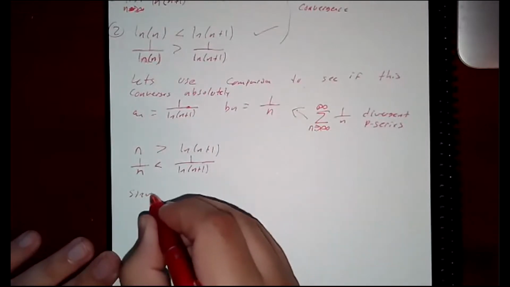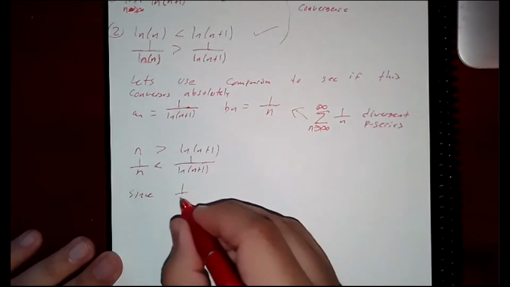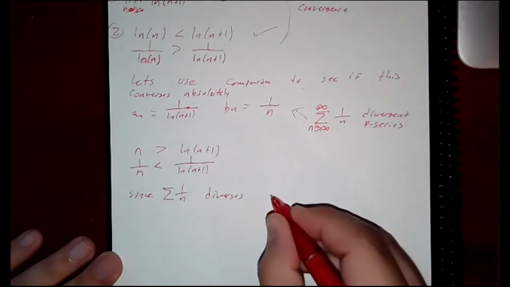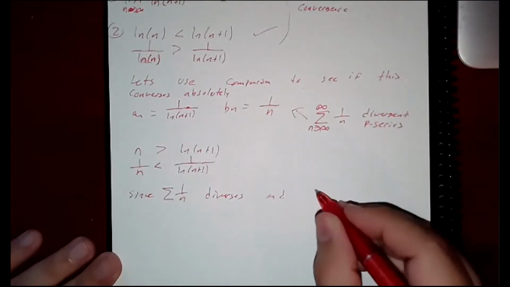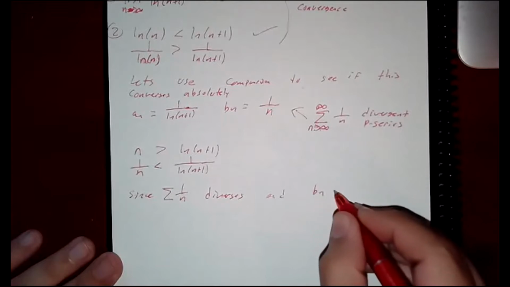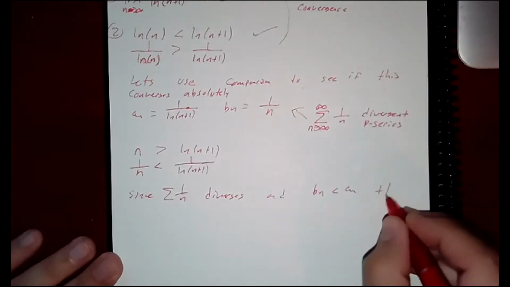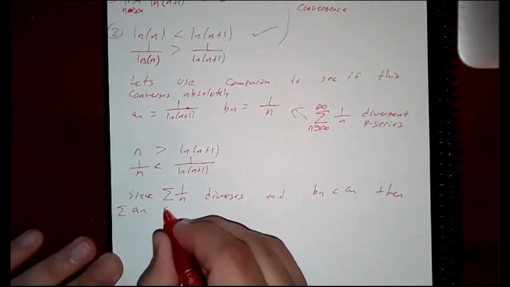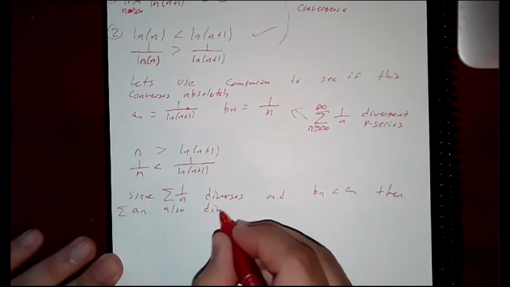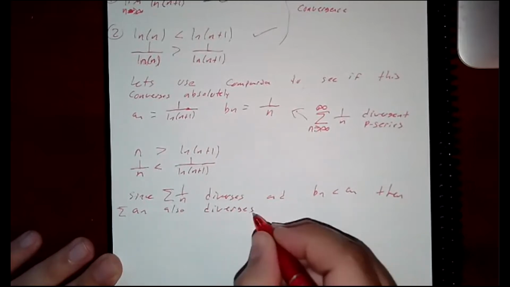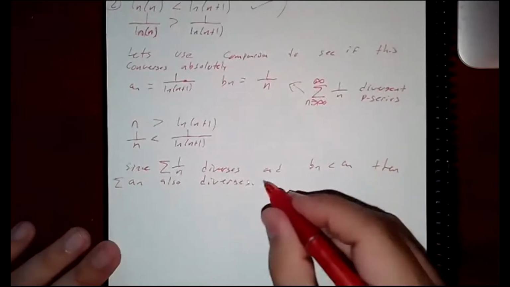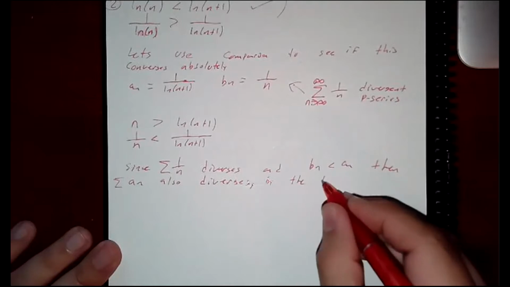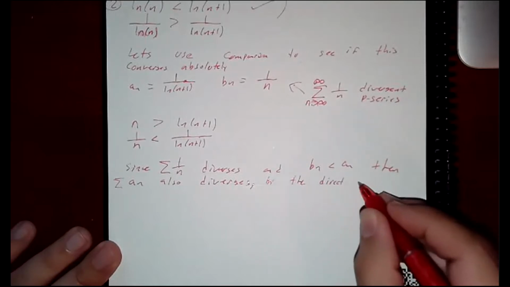So since the 1 over n series diverges and b_n is less than a_n, then the a_n series also diverges by the direct comparison test. That's what I used here.